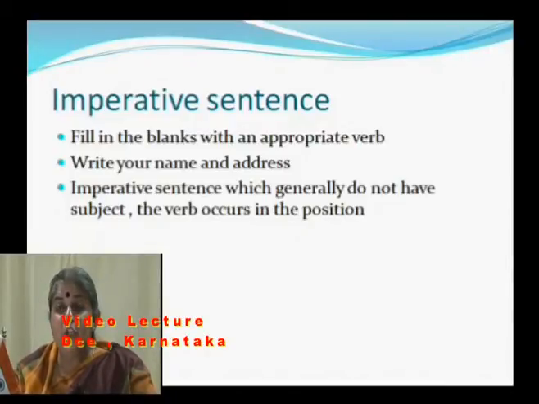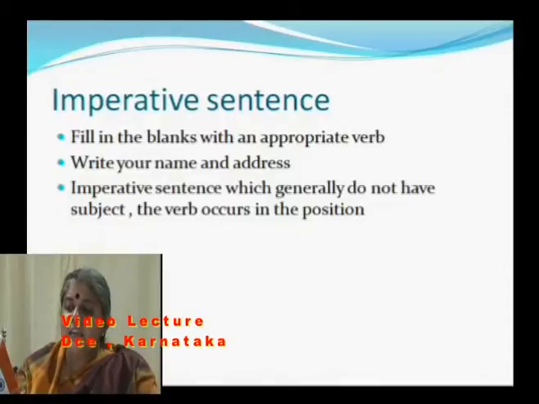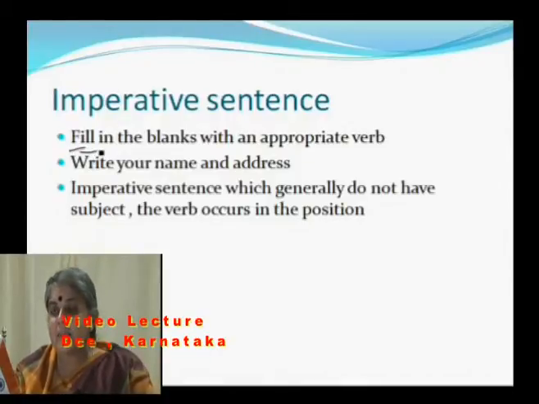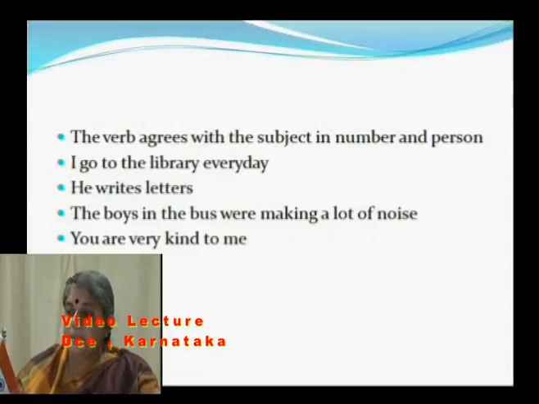Instead of saying you fill in the blank, it starts with fill in the blanks. You find this sentence very common in the question paper. Write your name and address. Instead of saying you write your name and address, which you also find in many application forms, it is written, write your name and address. Here the verb occurs in the first position.